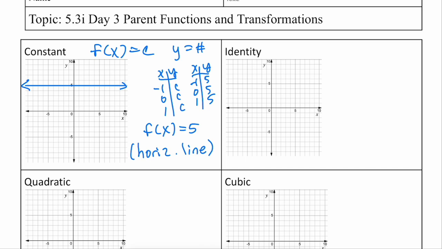Okay, now let's move on to our identity. Our identity function is the function f of x equals x, or you could also write that as y equals x. For many of these, you're going to notice that I plug in -1, 0, and 1.